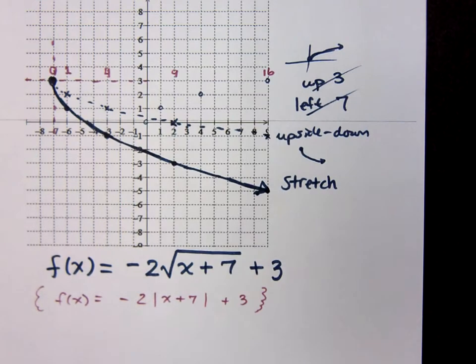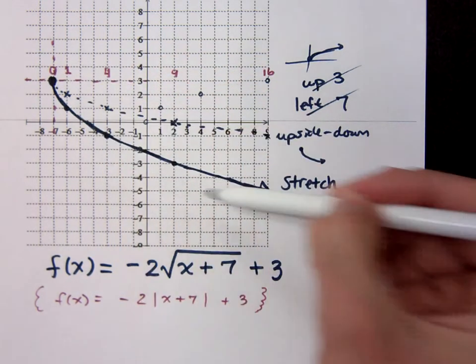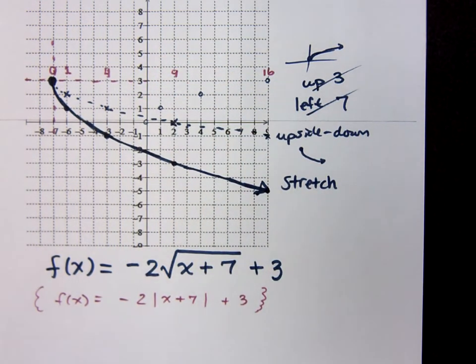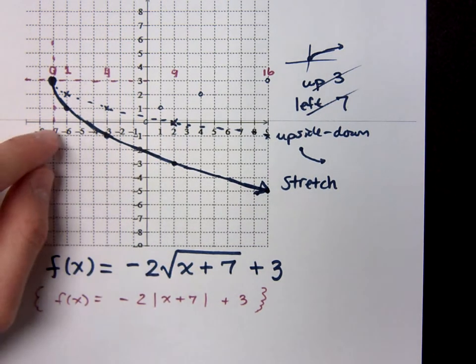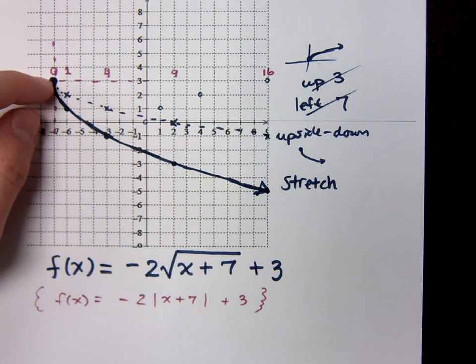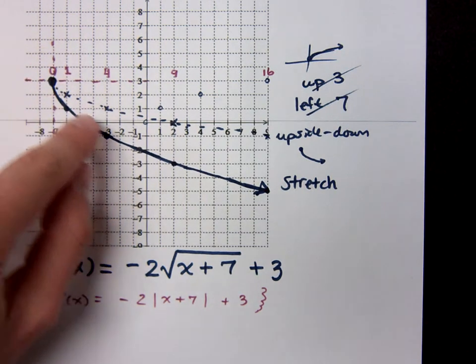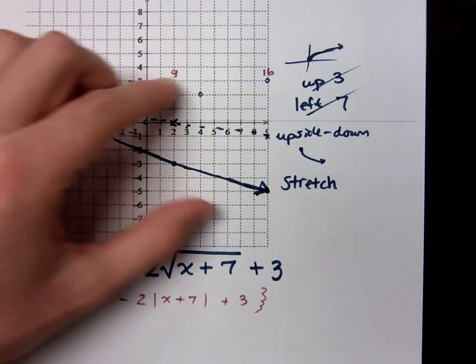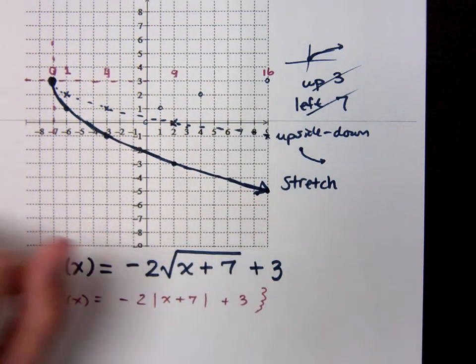It doesn't have an arrow, but it does continue out forever in this direction. Other questions about the graph that I have here? You see how it's been shifted to the left 7, up 3. I applied the negative, so I'm opening upside down, but then I applied a stretch, which is what makes it steeper, right?